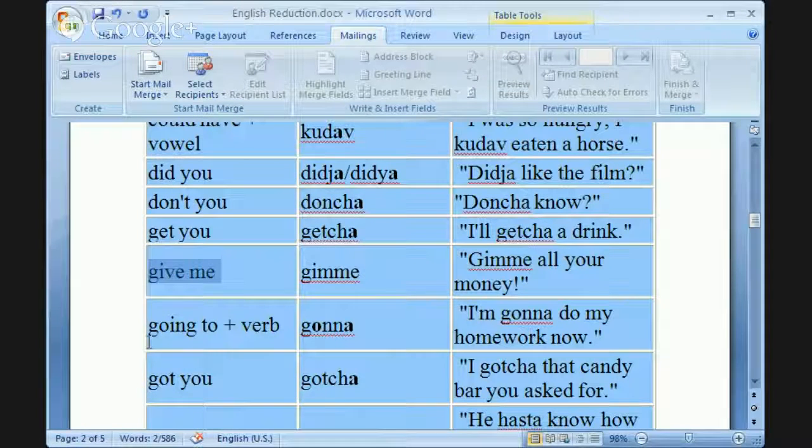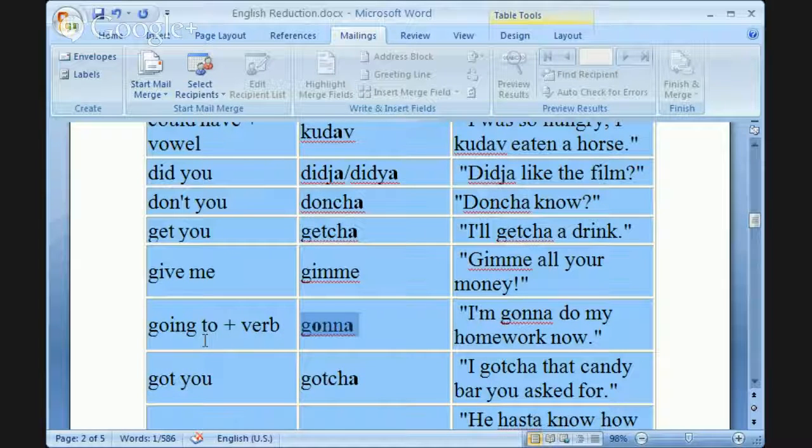Michael, onward we go to gonna, another very common construction. Now, going to plus the verb. Here is something very important to note. With gonna, if going to is merely the auxiliary form before the verb, meaning you're trying to create a simple future tense, you can reduce it to gonna.